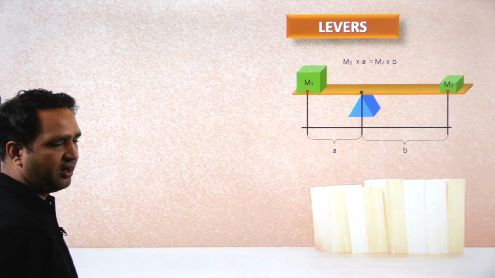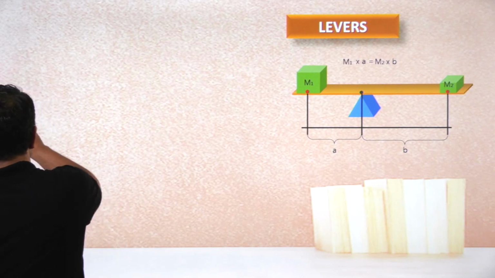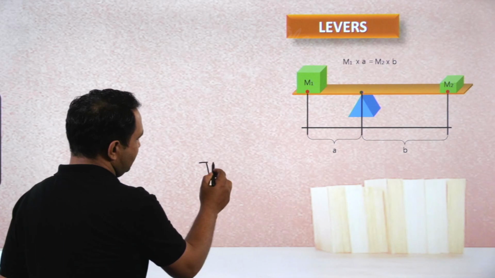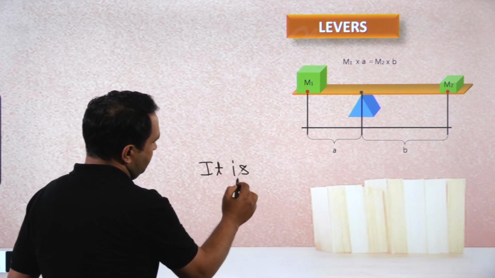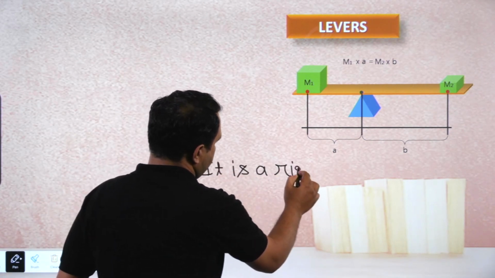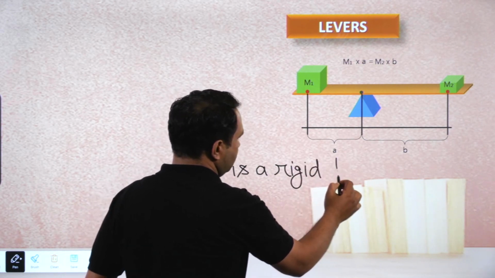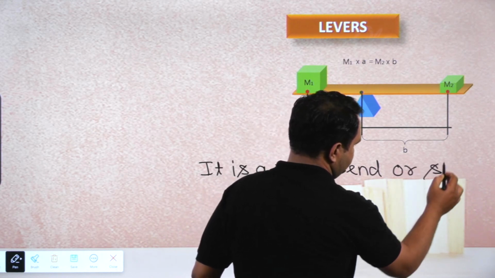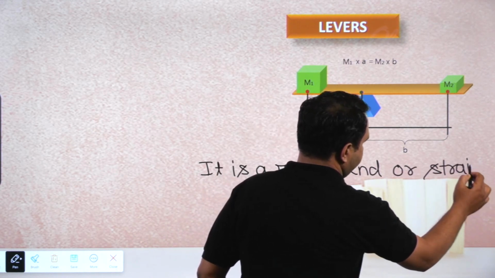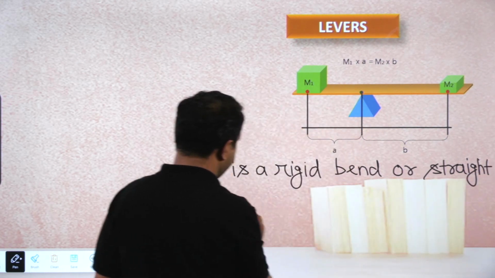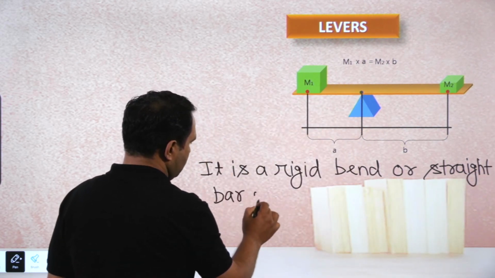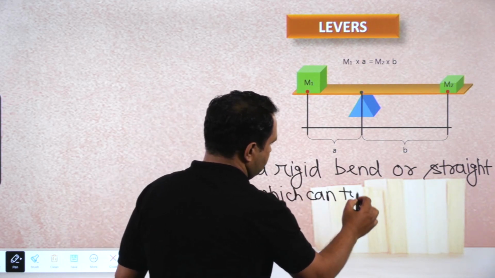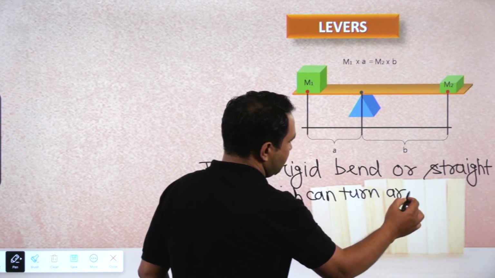So what is a lever? How can we define a lever? A lever can be defined as a rigid, bent or maybe straight bar which can turn around its axis.